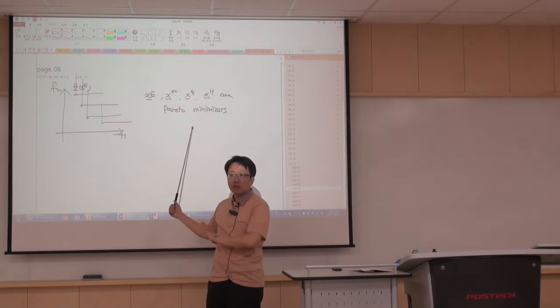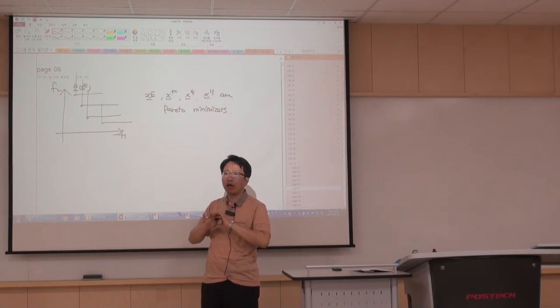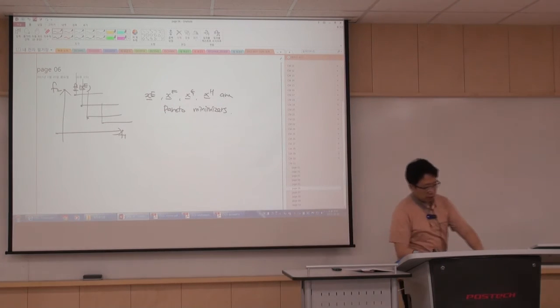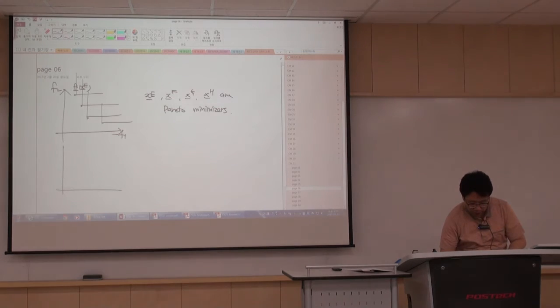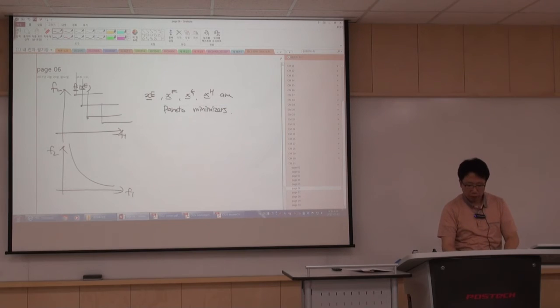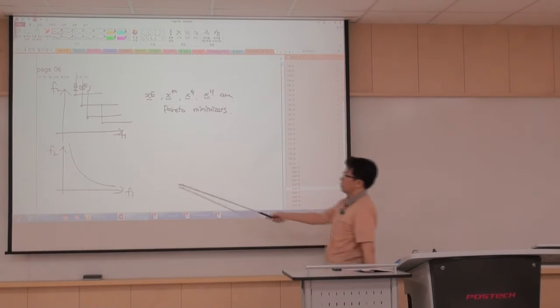Now, in this case, we have a finite number of points. Suppose we have uncountably infinite points. In that case, we may have some lines like this.